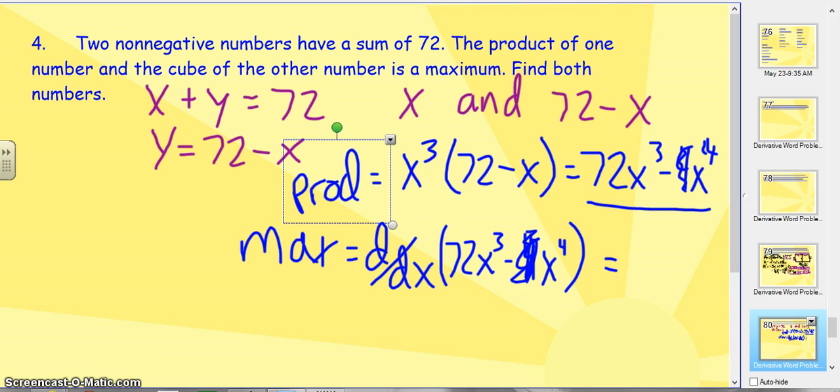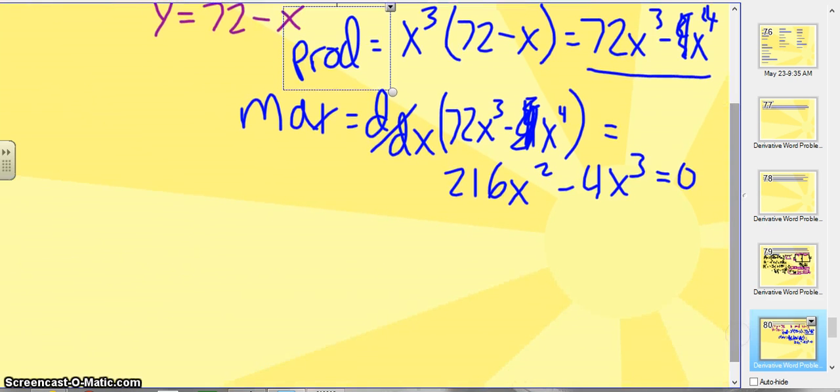Okay, so we're going to do the derivative. So if I do the derivative, I'm going to get 216x squared minus 4x to the third. Okay, and then to solve it, I need to set it equal to 0. So I'm going to rewrite this so it's in order. Negative 4x to the third plus 216x squared.